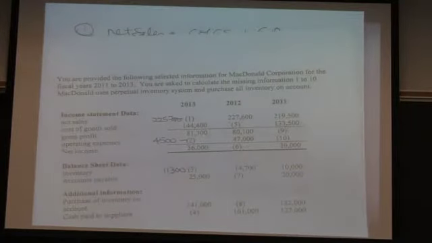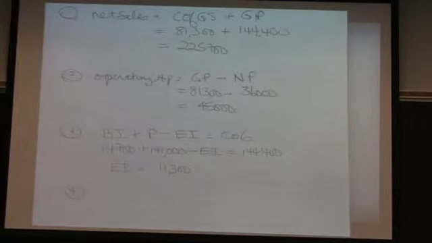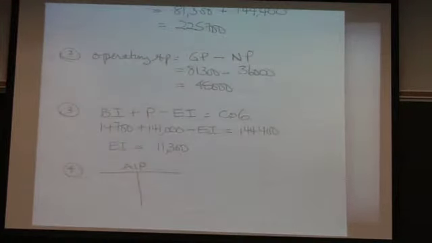Okay, so now we're going to look at cash paid to supplier. Under cash paid to supplier, it's probably not a bad idea to do a T account here under accounts payable. So I'm going to use the accounts payable T account for number 4. And what do we know?